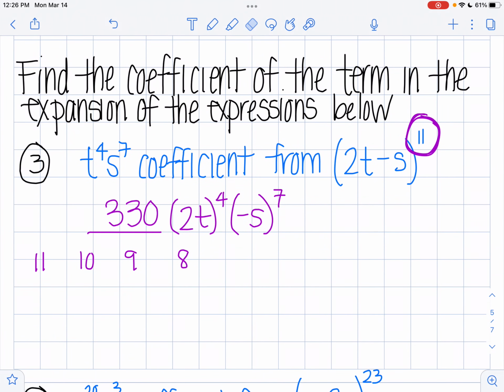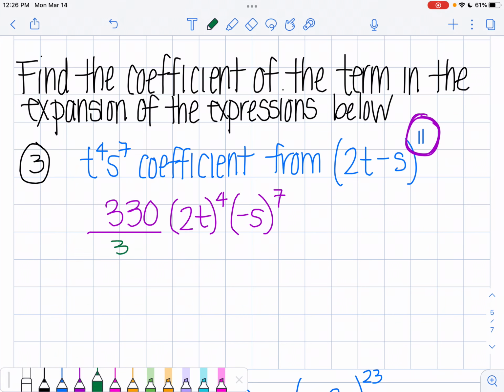So what I'm going to do is I have 330 here times 2t to the 4th. Well, 2 to the 4th: 2 times 2 is 4, and 2 times 2 is 4. So 4 times 4 is 16. So this would be 16t to the 4th times negative 1 s to the 7th, which is going to give me a negative, and then s to the 7th.